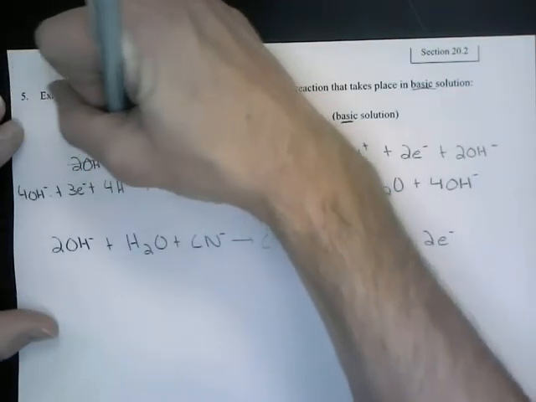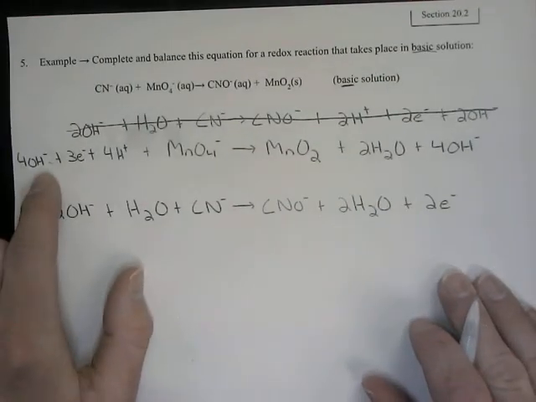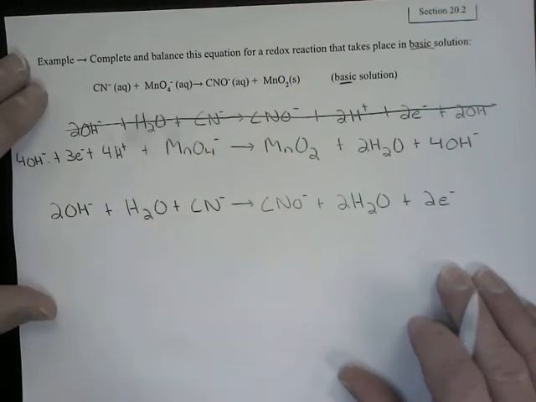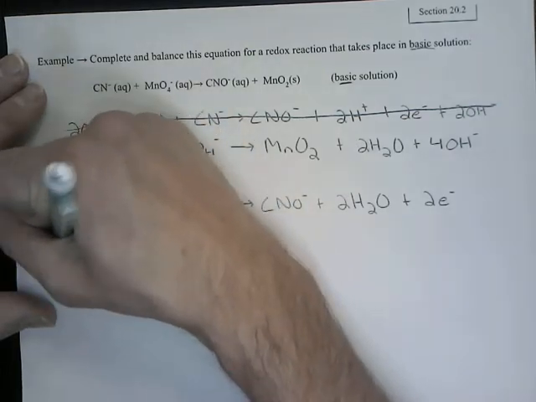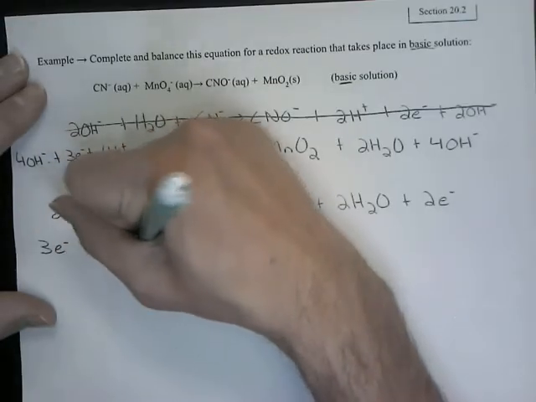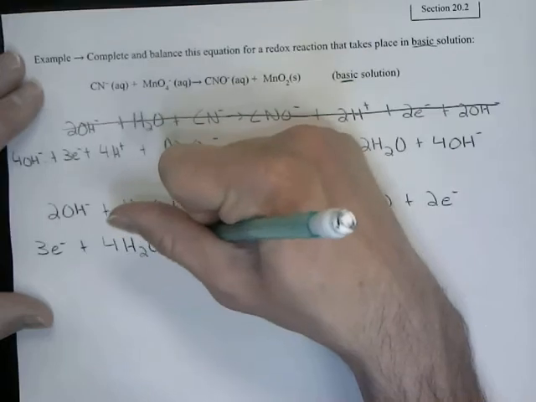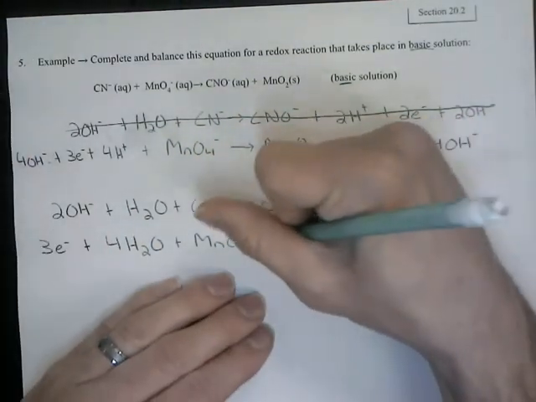Again, once I rewrite something, I cross it out because I've already used it. Now again, your OH minus and your H plus combine together to form H2O. So on the bottom equation here, we would end up with 3 electrons plus 4 H2O plus MnO4 minus.